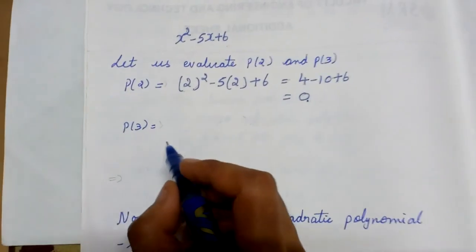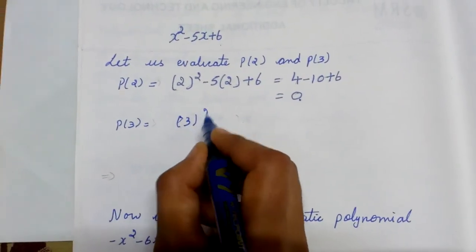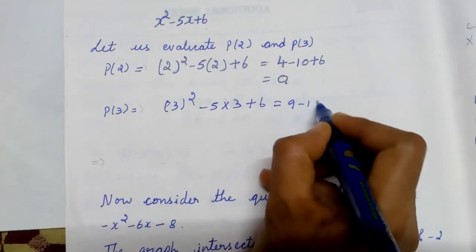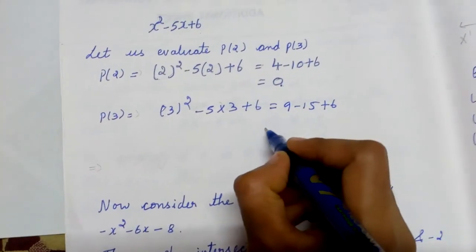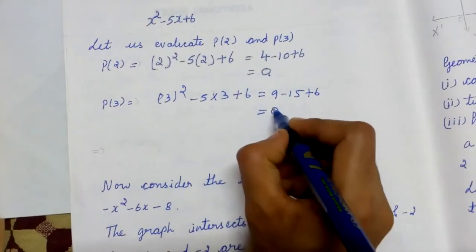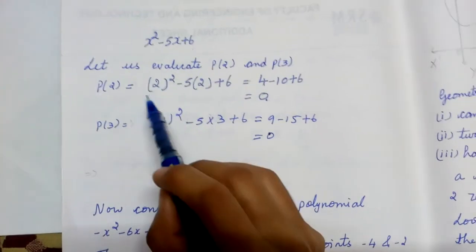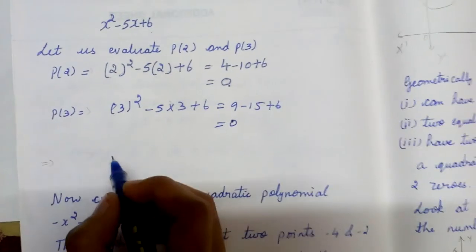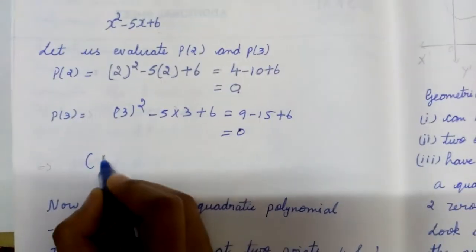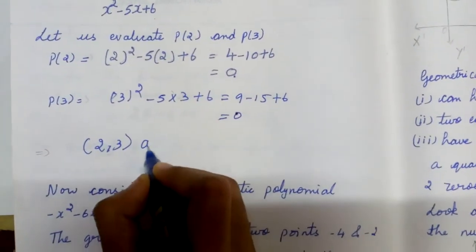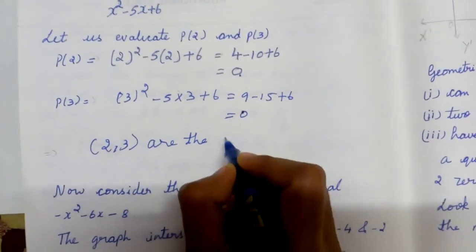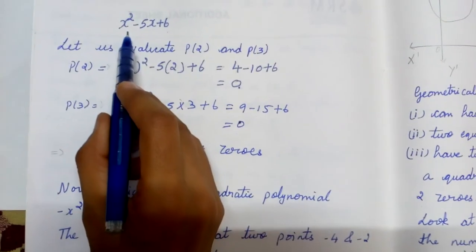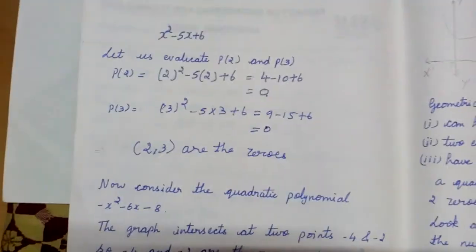Now, when you substitute 3, what do you get? 3 square minus 5 into 3 plus 6, which is 9 minus 15 plus 6, which is equal to 0. That means the value of this polynomial at 2 and 3 is 0. So we can conclude that 2 and 3 are the zeros of the quadratic polynomial x square minus 5x plus 6.